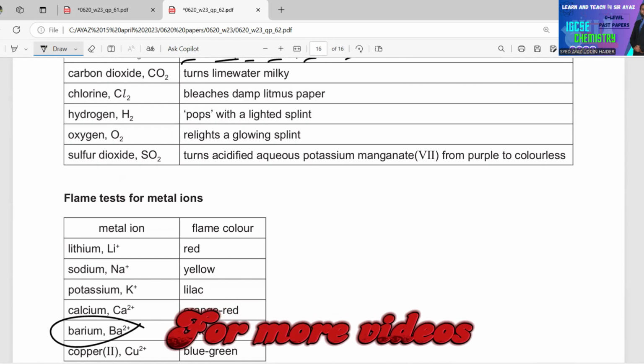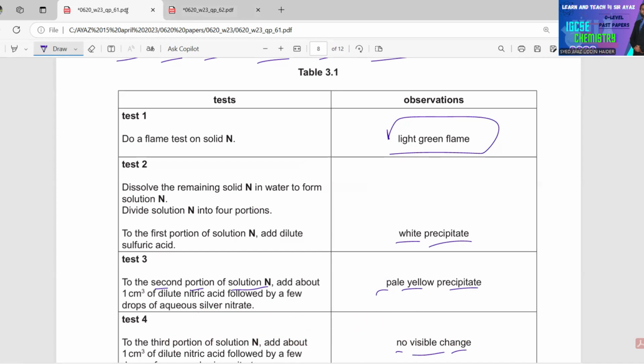barium, Ba2+. And there's a white precipitate with dilute sulfuric acid. It's not indicating any result.